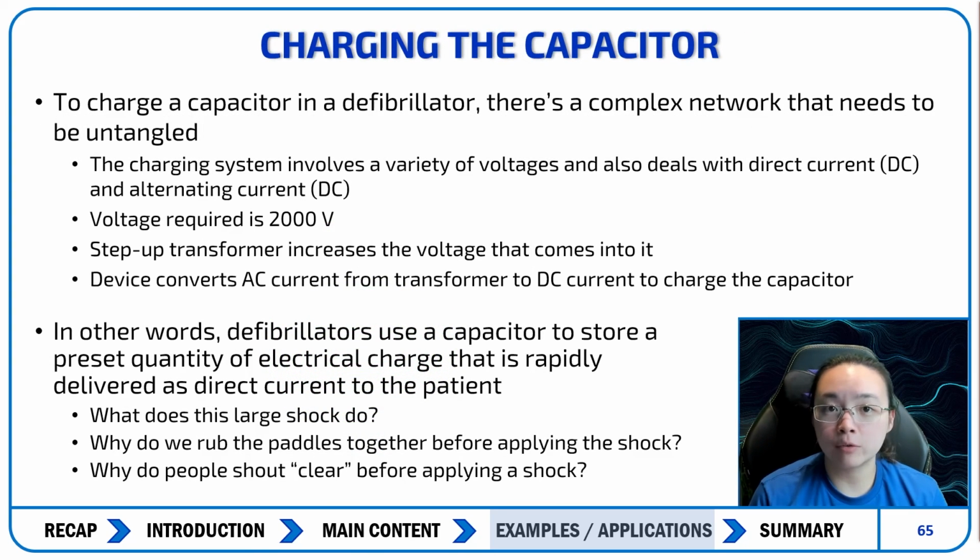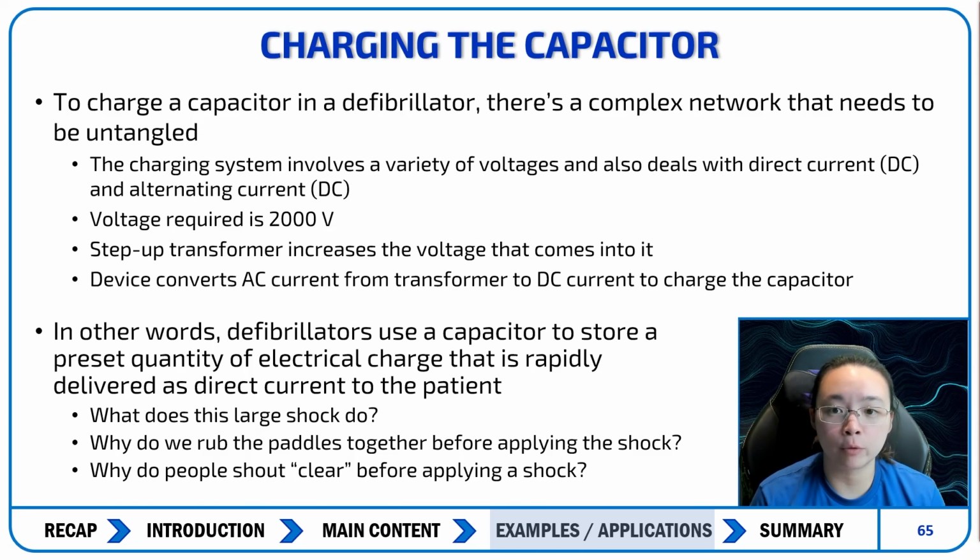But even if we increase the surface area and we decrease the separation distance, how do we charge the capacitor? It's actually quite complicated. The charging system involves a variety of voltages and also deals with direct current, DC, and alternating current, AC. The voltage required is about 2000 volts, so that's a huge amount of potential.